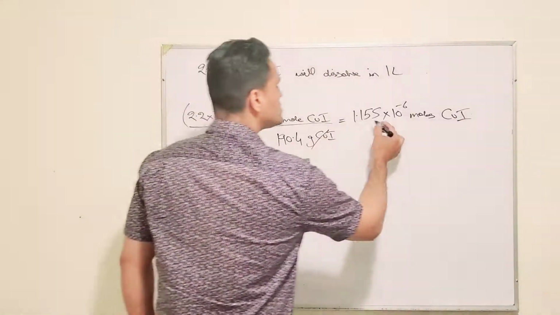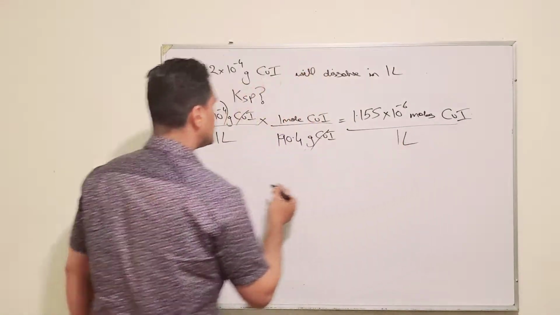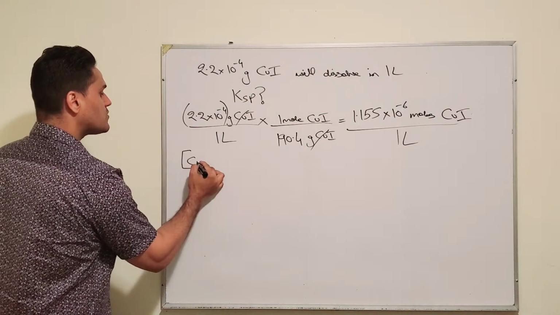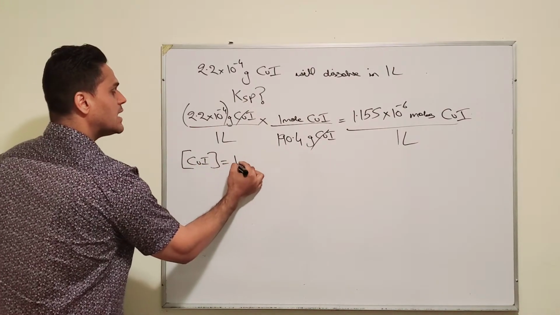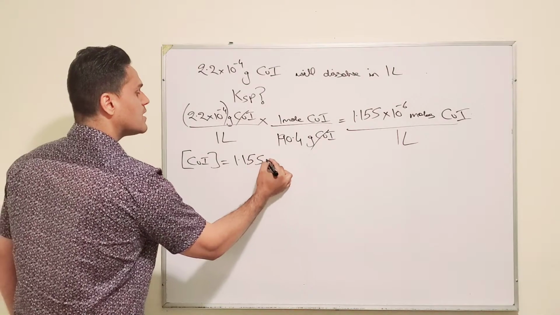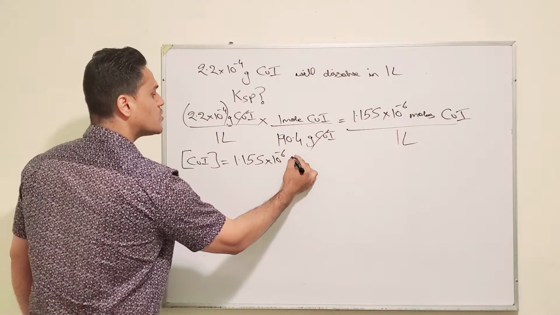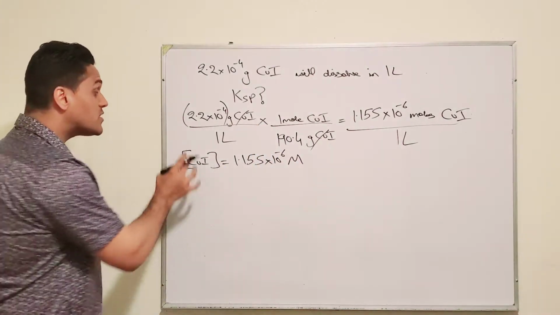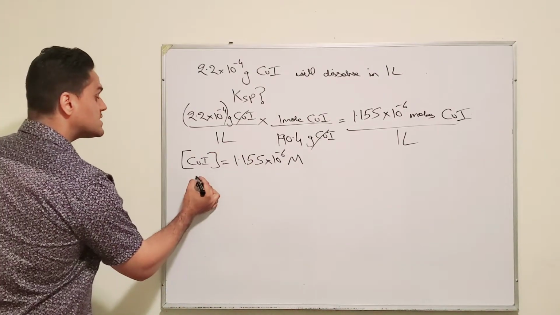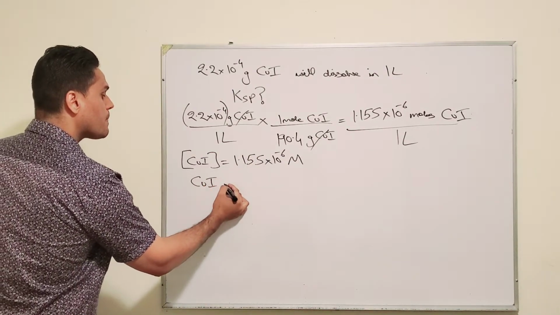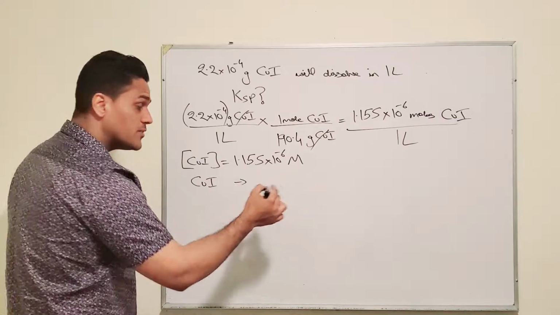And these many moles are going to dissolve in 1 liter, which means the concentration of CuI is 1.155 times 10 raised to the power minus 6 molar. Now we have the concentration of CuI, and the next step is to break it up into its ions.